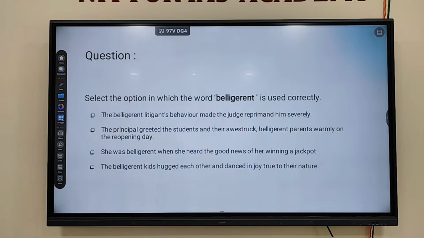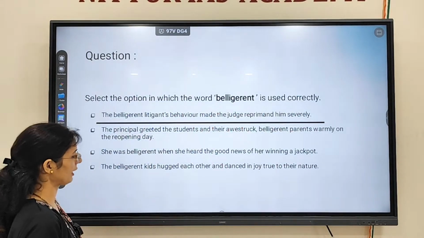Or we might want to move on to the next category. What is the meaning you said? A. A is the correct answer. Very good and quick. In the examination also we need to be quick.